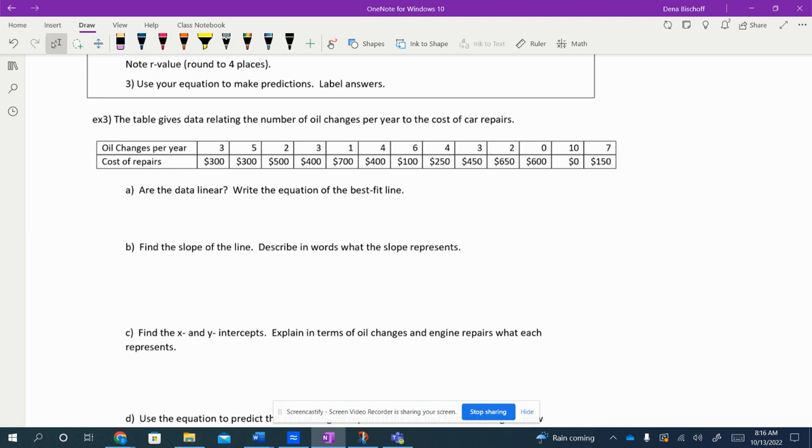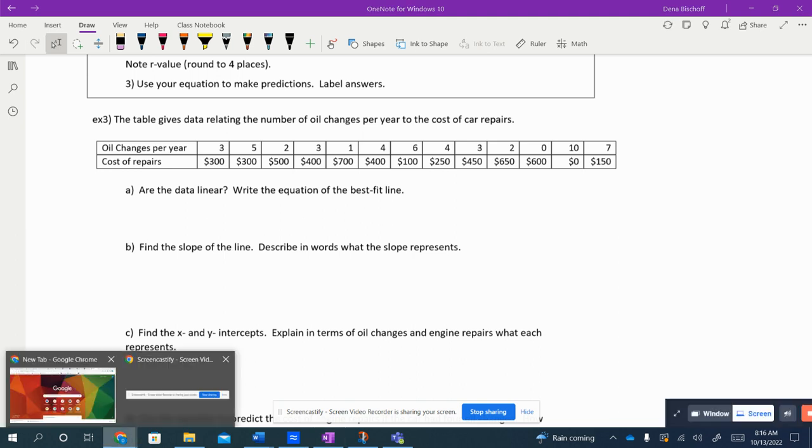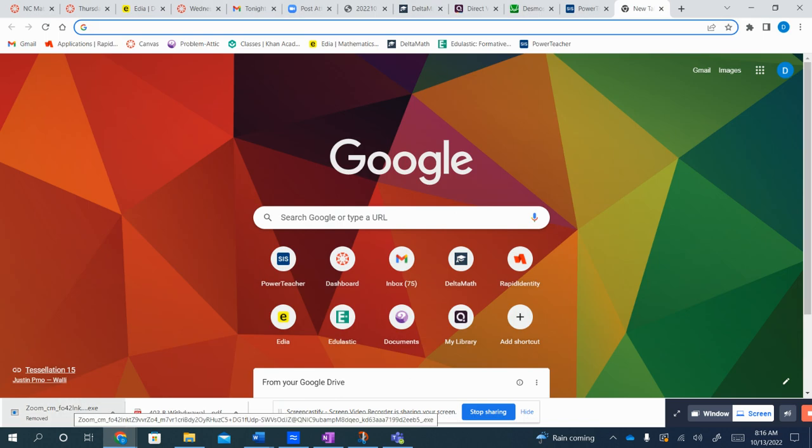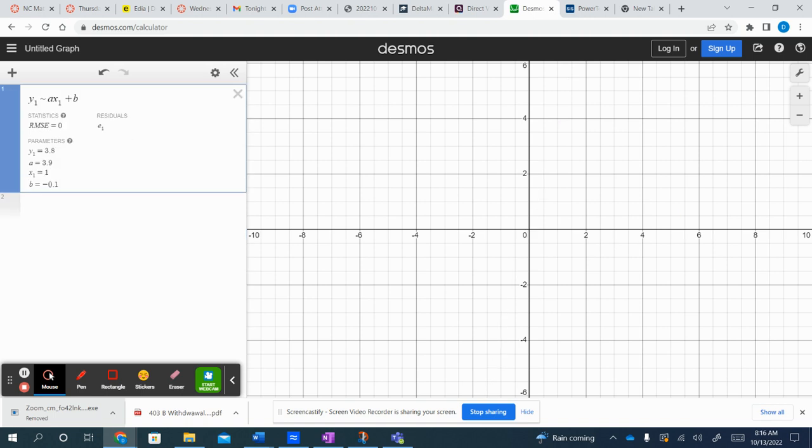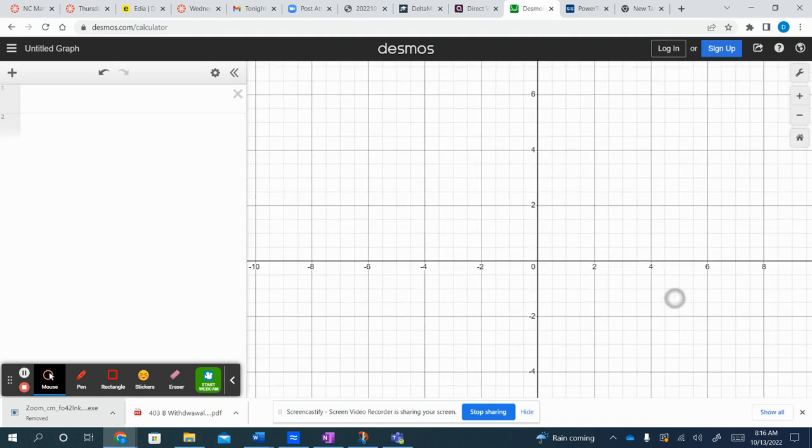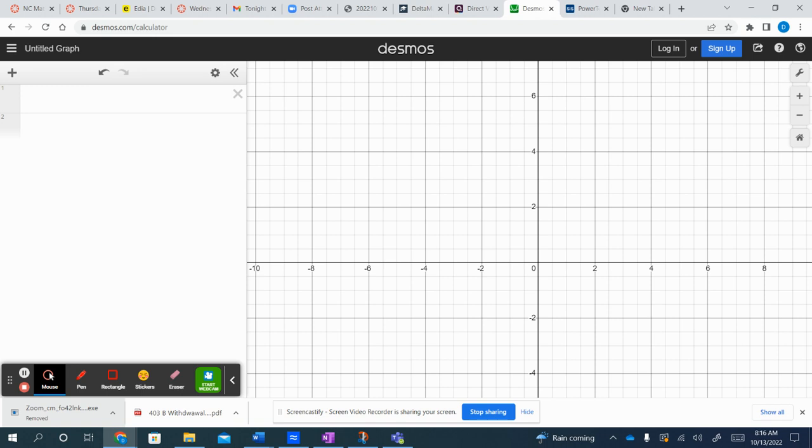So we're going to start with this data set, but we're all going to go to Desmos. So I'm going to pull up my Desmos screen that I have right here. Okay. So everybody should be in a screen that looks like this.